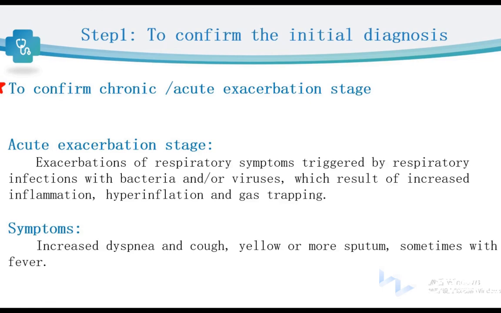The symptoms in acute exacerbation stage include increased dyspnea and cough, and sputum will turn yellow or become more and more, sometimes with fever caused by the infection.